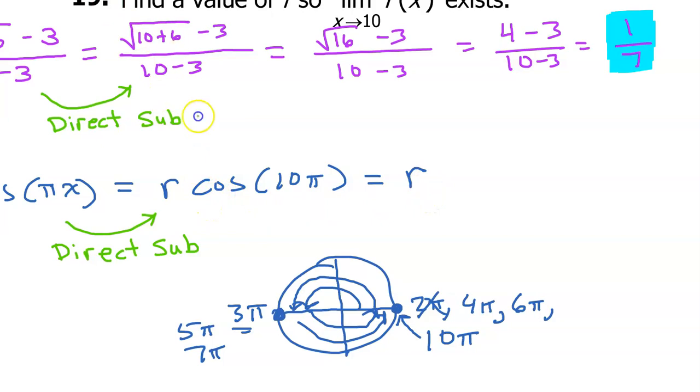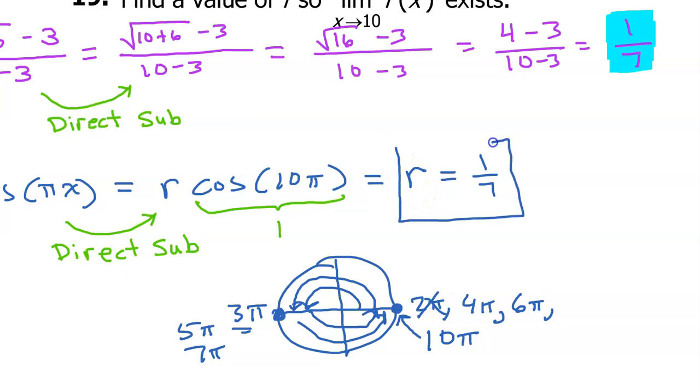Maybe I'll put a little side note here that this is 1. Now, like I said a moment ago, this limit is going to have to equal 1 over 7 so that the limit from the left and the limit from the right are the same. But since we're down to simply r, this is the final answer. r itself needs to equal 1 over 7.